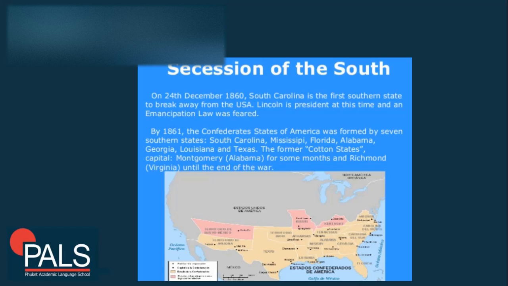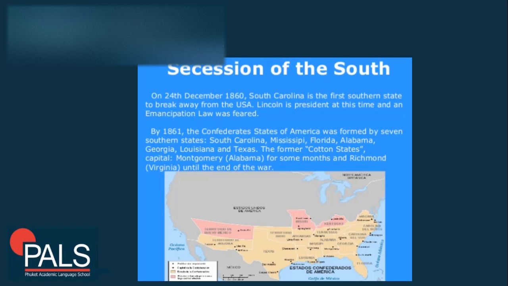Now, the secession of the South, or the separation. On 24 December 1860, South Carolina is the first southern state to break away from the United States. Lincoln is the president at this time, and an emancipation law was feared. Okay, let's talk about emancipation law later.